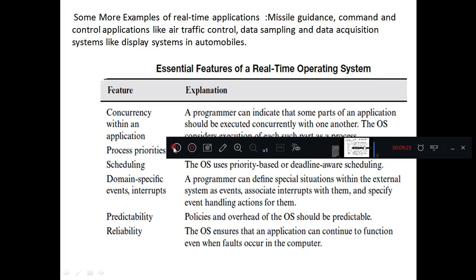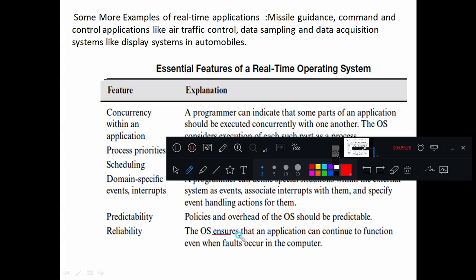So what do you mean by reliability? The OS ensures that an application can continue to function even when faults occur in the computer. The application which you are running on the operating system or any of the central processing unit has to be continued, right? So it has to be taken care of by the operating system even when the user requires certain resources.